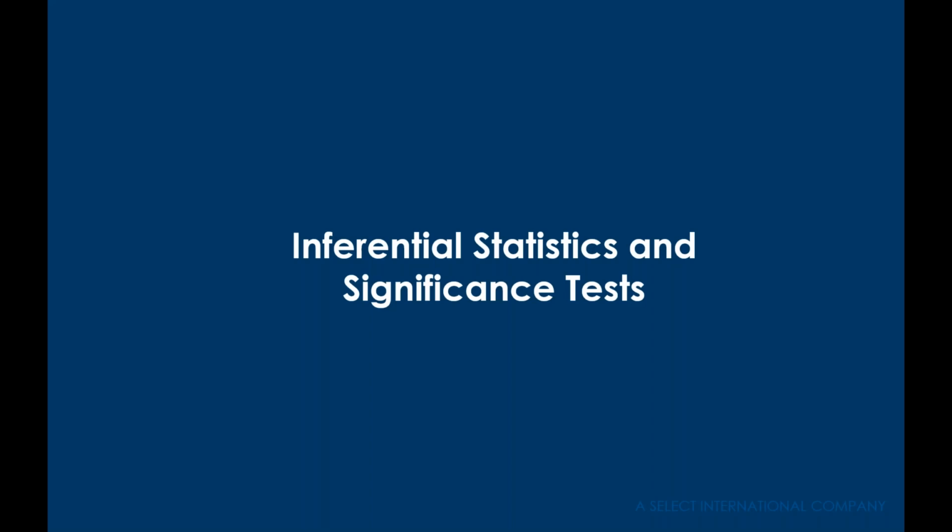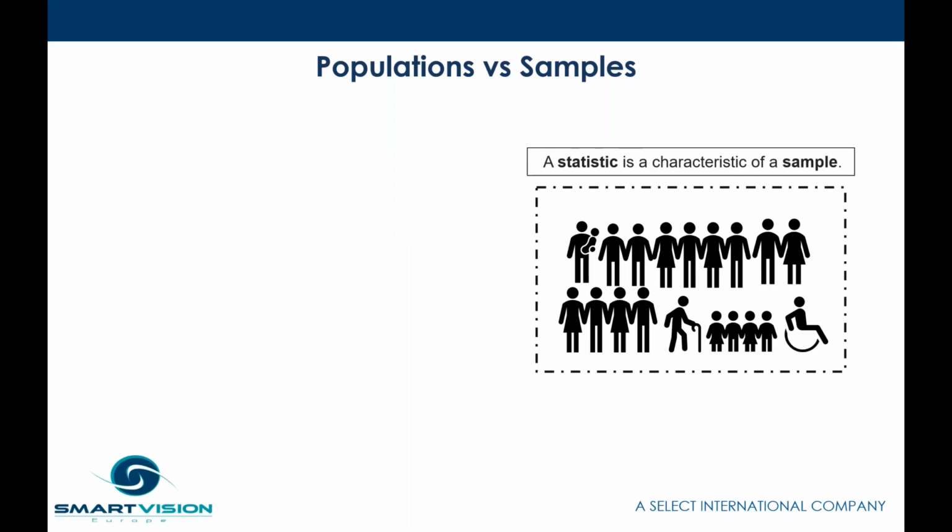So let's get back to significance tests and focus on that. First of all, we need to understand what we mean by inferential statistics and how that relates to significance tests. If you've done any sort of training in statistics, you'll notice that the one thing people go on about is the difference between populations and samples. It's not always explained to us why this is so important, so we're going to try and fix that here.